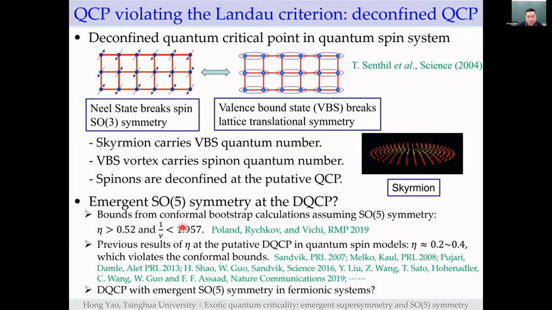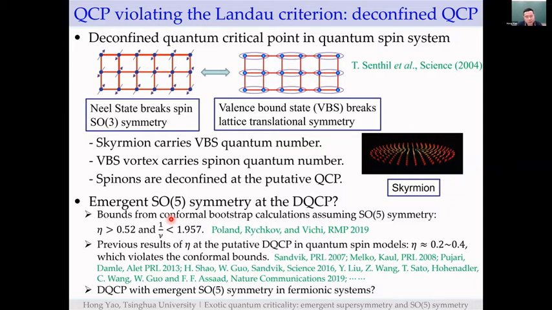So these bounds are quasi-exact from the conformal bootstrap calculation. However, previous quantum Monte Carlo studies of this putative quantum critical point in many models didn't obtain anomalous dimensions consistent with the result obtained from the conformal bootstrap calculation.